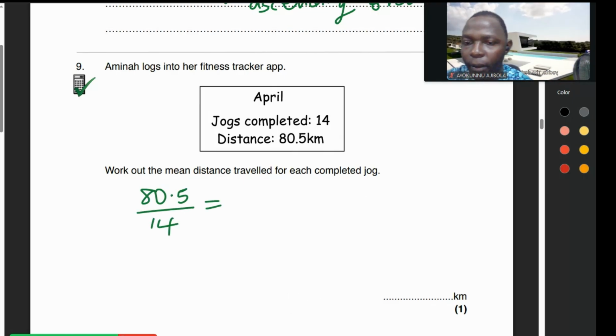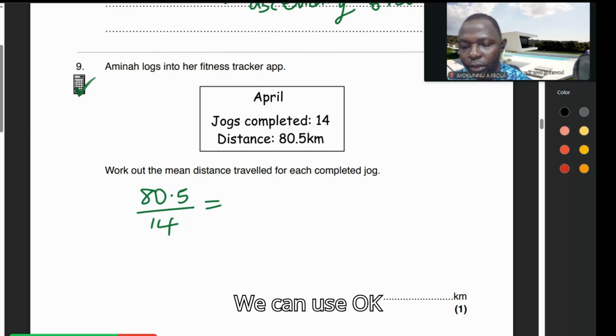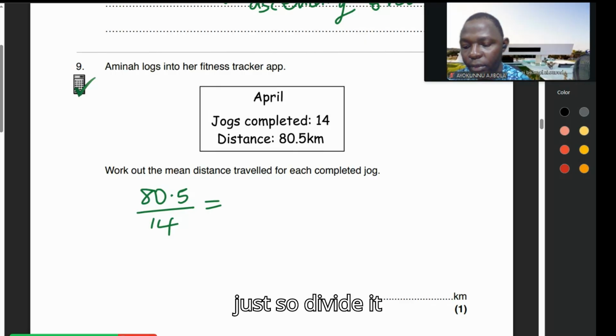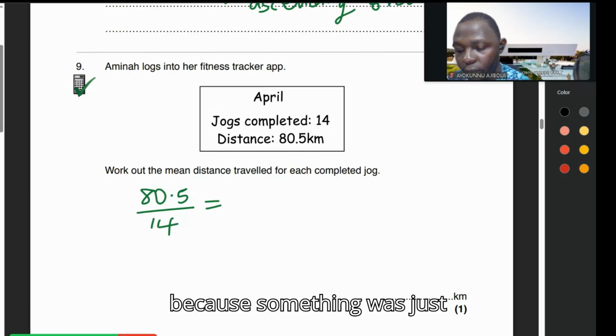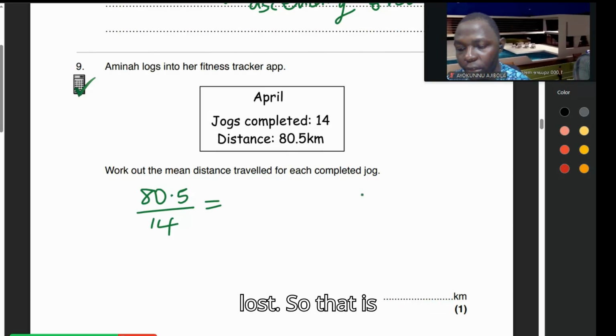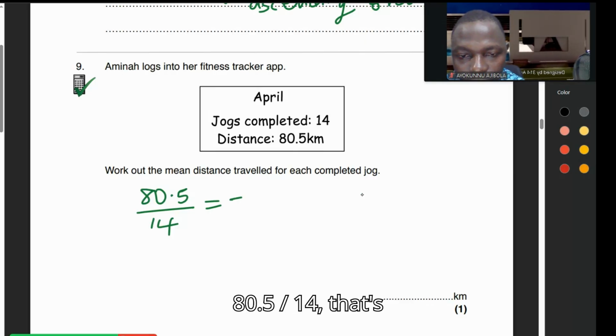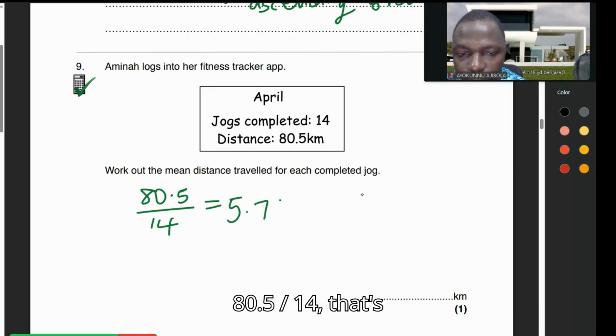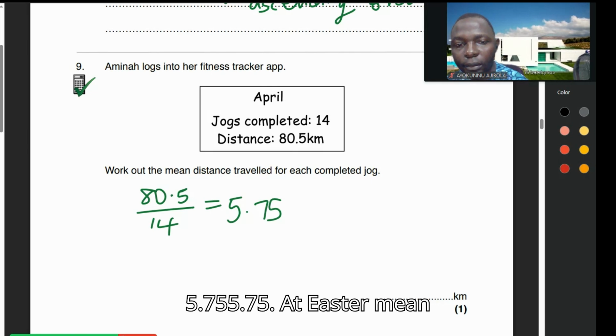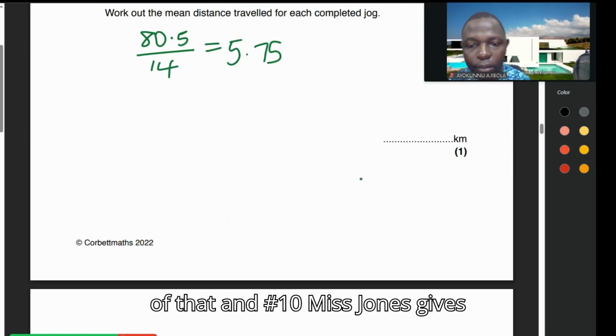We can use a calculator to divide because it gave us decimals. 80.5 divided by 14 is 5.75. That is the mean.